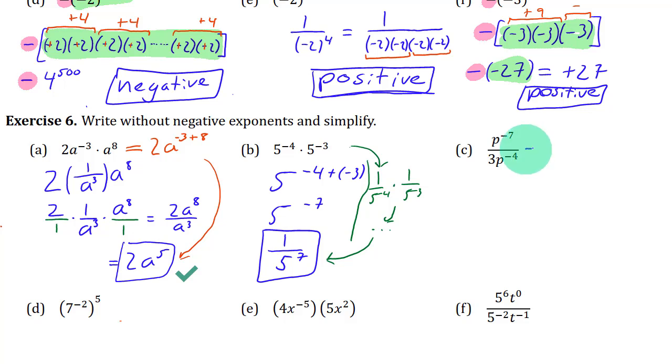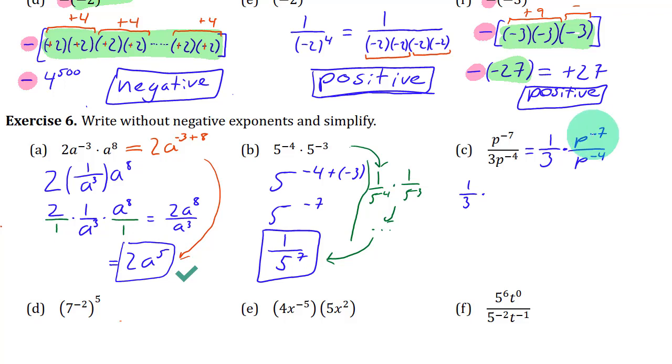You can sort of ignore that. You can just think of it as 1/3 by itself, and then deal with the p to the -7 over p to the -4. And if you know how to deal with this part, you can deal with the 1/3 later. And so that's going to become 1/3 times p to the -7 minus -4.